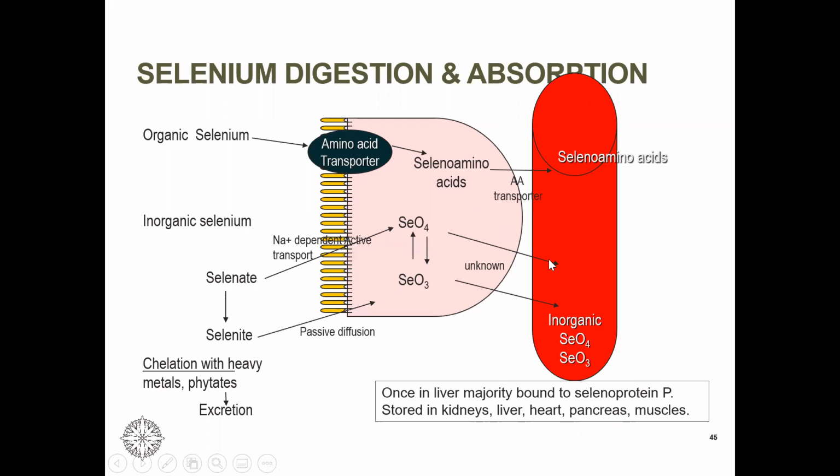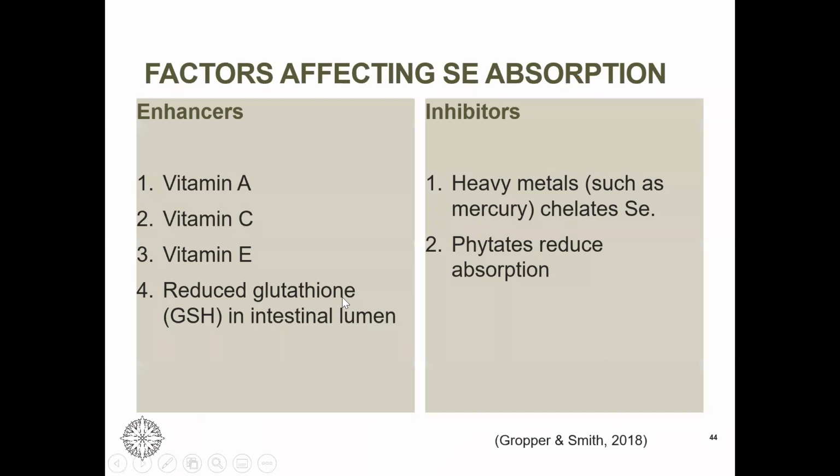Its transport at the basolateral membrane, again, we are still discovering, but mainly in the blood, it will move along with some amino acid, specifically selenomethionine or selenocysteine. In fact, your glutathione is actually a selenoprotein because it uses selenium as a structural component.